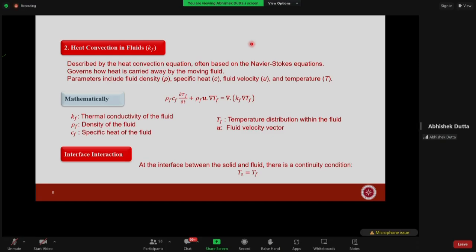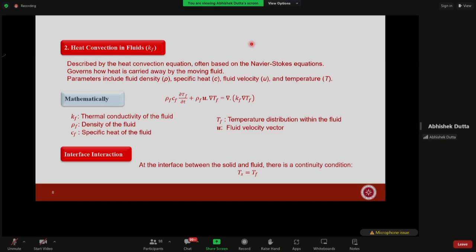We engineers, or you guys, when you become engineers, can use this approach to predict the temperature distribution, heat flux, and other critical thermal parameters relevant to design optimization, such as durability and energy efficiency, using this interface interaction. Very, very important point, as I told you.